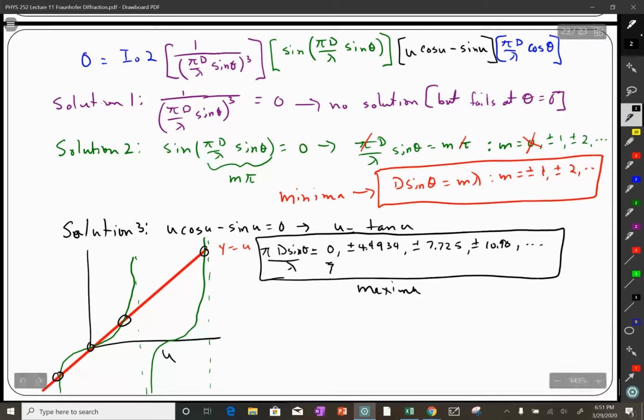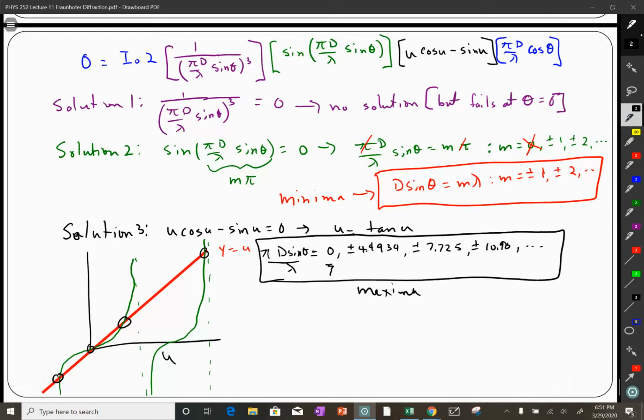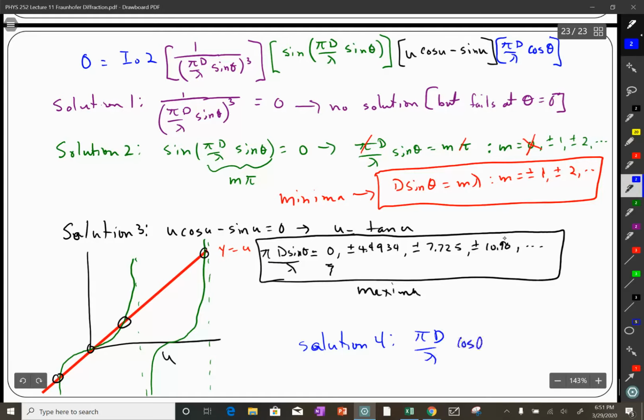Now there is a final solution here. Solution 4, when pi d over lambda cosine theta equals 0. Well, the solution for that is real simple. Theta is equal to plus or minus pi over 2. Well, yeah, that's a minimum.